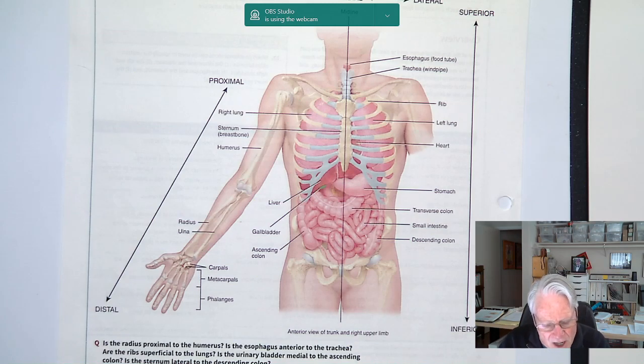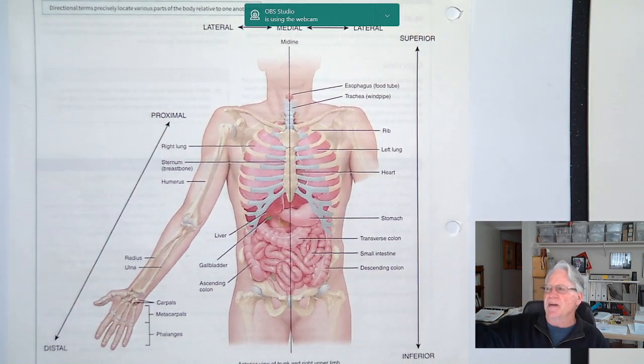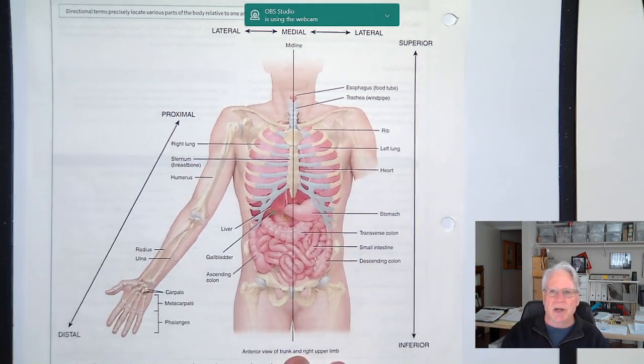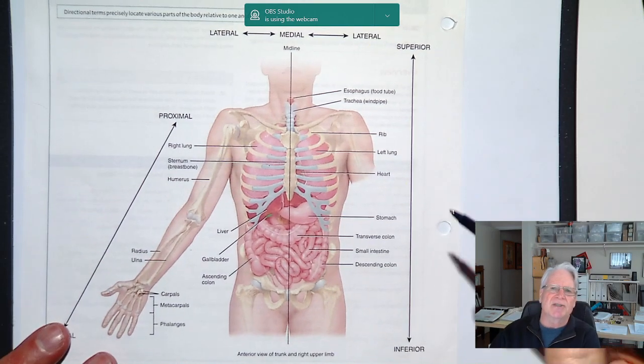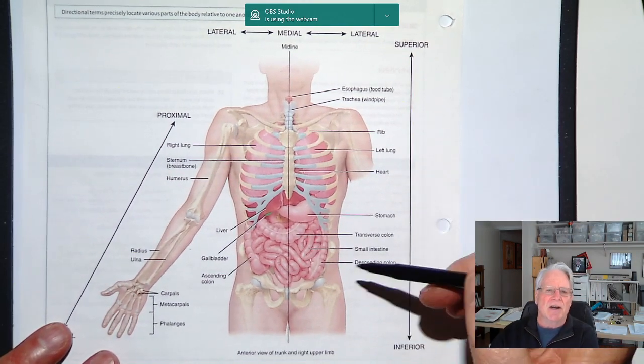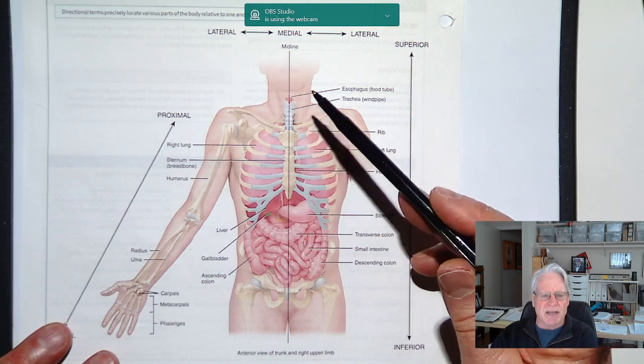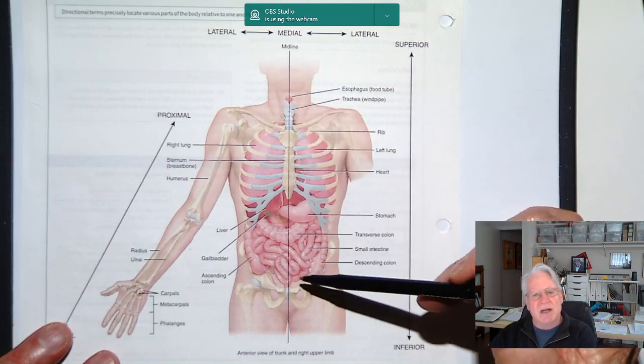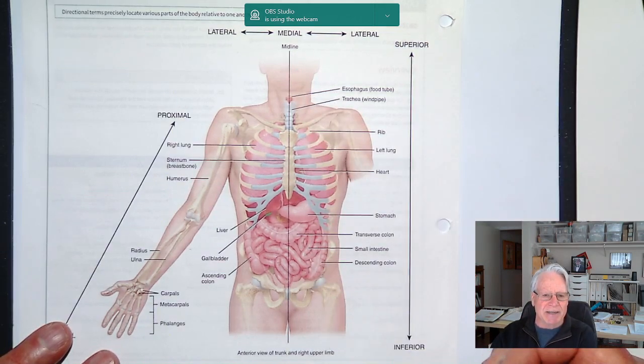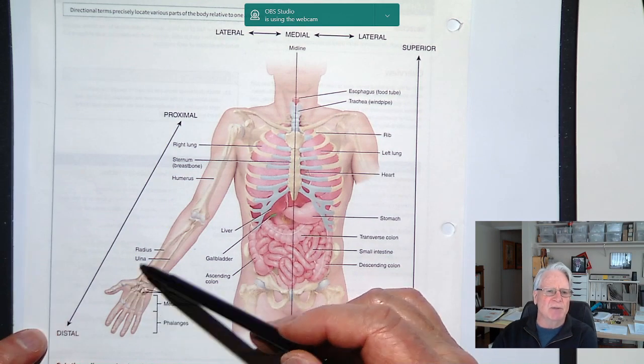Okay. So superior, inferior. Here, what we're referencing is the ground and the sky, basically. These terms, superior and inferior, are used primarily in the trunk, head, and neck region, and also in the leg. So for the arm, we're going to use proximal and distal.